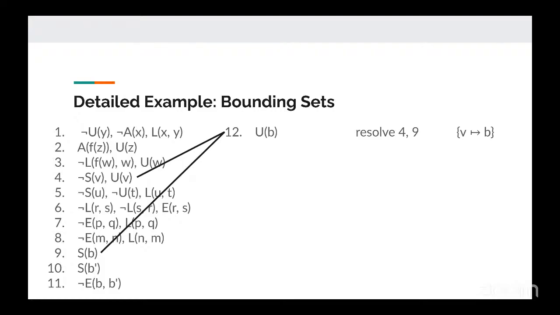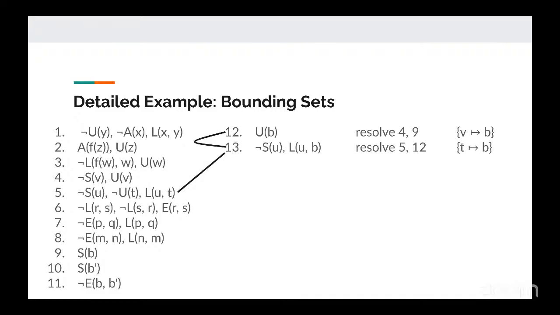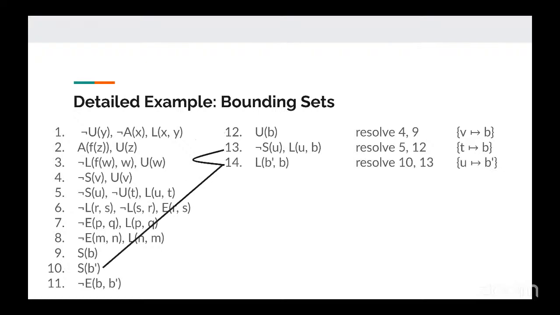I know that B is an upper bound, so if I take anything that's a least upper bound, it's going to be less than or equal to that thing. So the first step is I'm going to resolve number 5 against number 12 that I just found. And then I'm going to use the fact that B prime is the least upper bound. So how does that work? I just resolve number 10 against number 13.